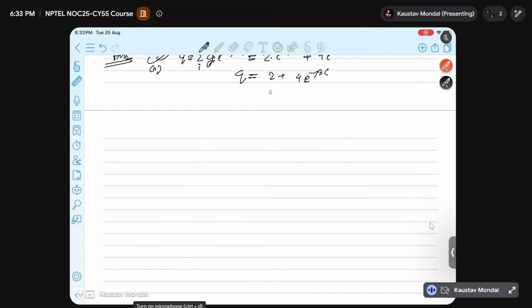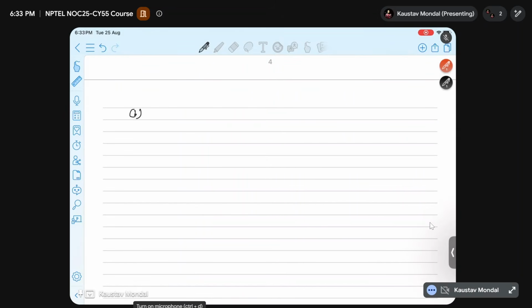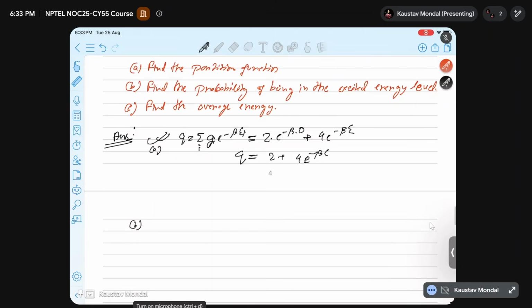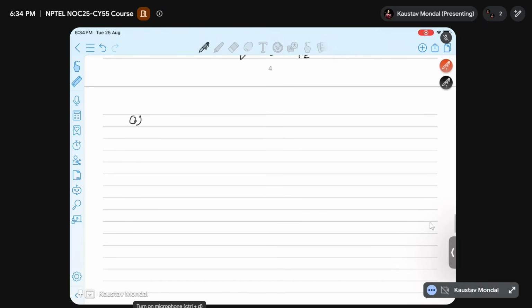Now the second question, B. You have to find the probability of being in the excited energy level. We already know the formula, right? P_i is N_i by N, that is equal to g_i e to the power minus beta E_i by Q, since here the degeneracy is involved.